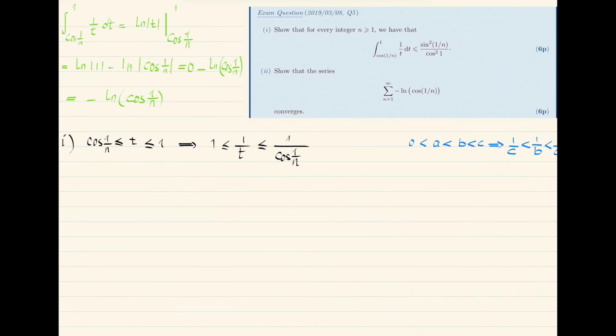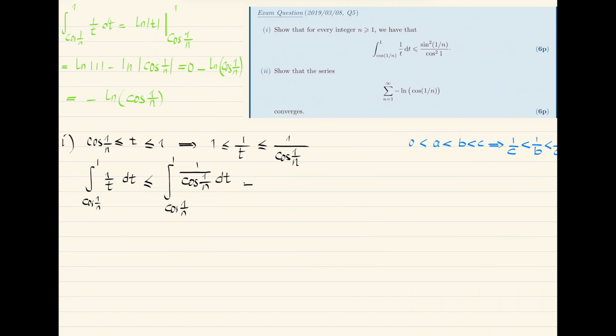So it means that the integral of 1 over t dt from cosine of 1 over n to 1 is less than or equal to the integral of the second function, 1 over cosine 1 over n, dt from cosine 1 over n to 1.